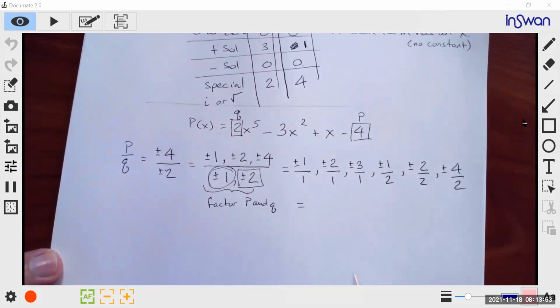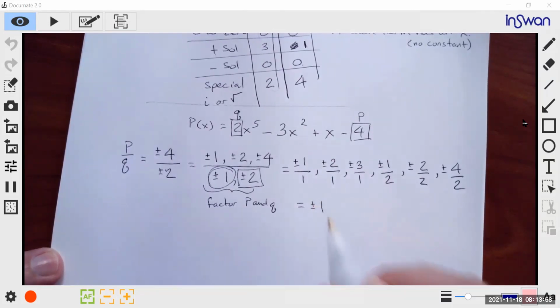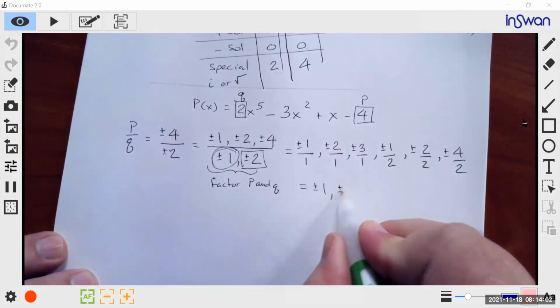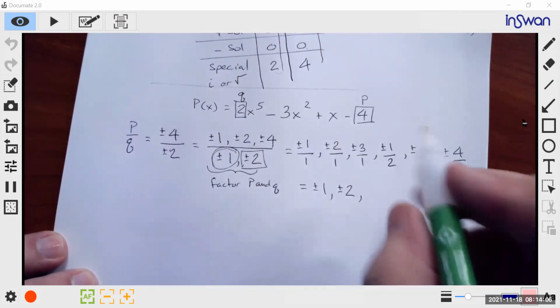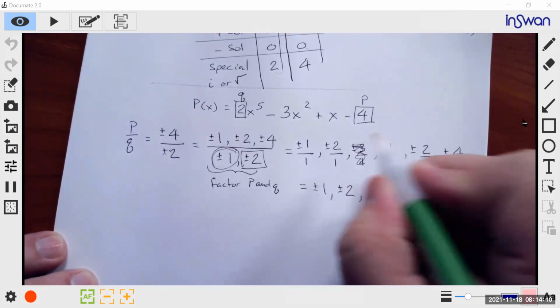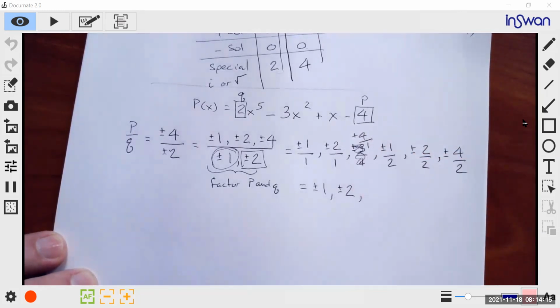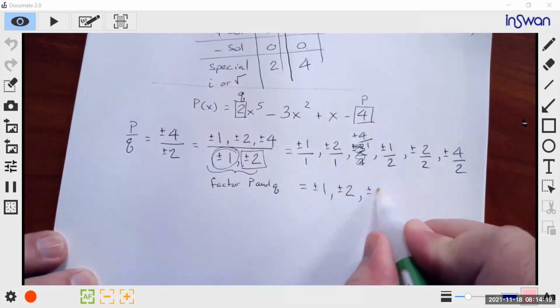Now let's go and work out the fractions. 1 divided by 1 is 1. 2 divided by 1 is 2. Where did I get 3 from? That should be 4. It should be 4 over 1, I'm sorry. 4 divided by 1 is 4.